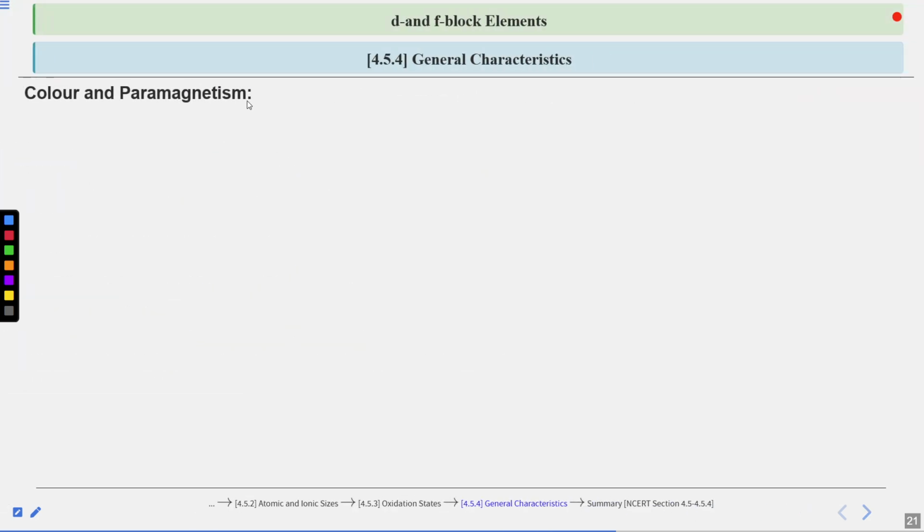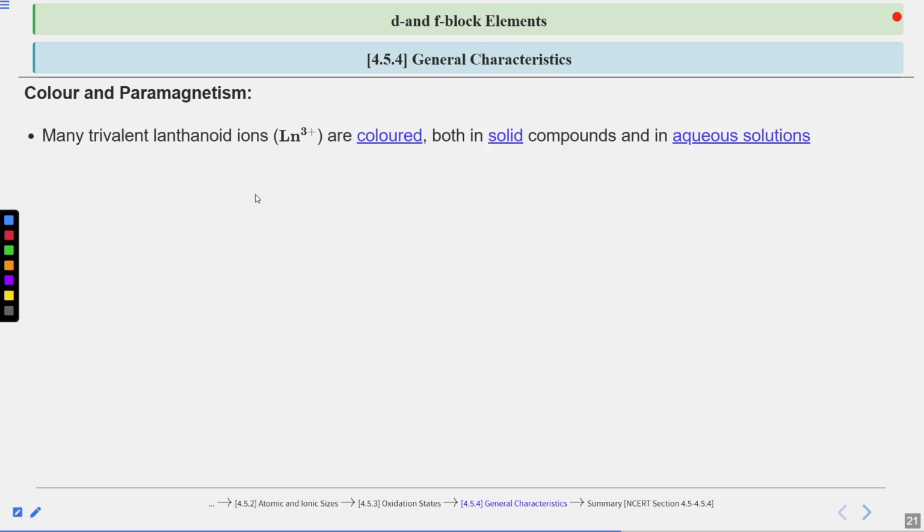Let's talk about the color shown by them and paramagnetism. Many trivalent lanthanoid ions, that means in the +3 oxidation state, are colored both in solid compounds and in aqueous solutions.